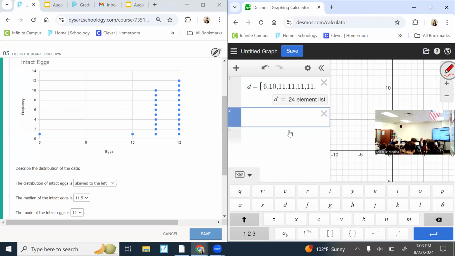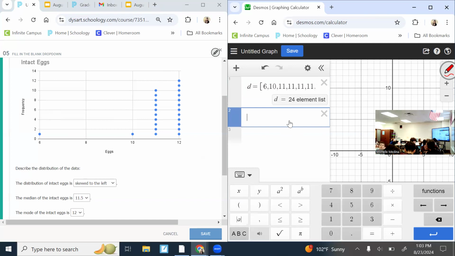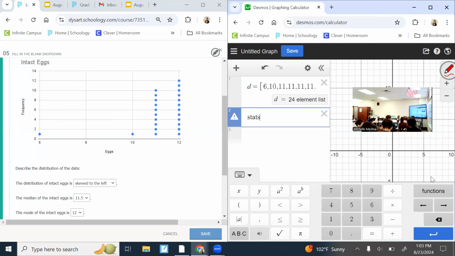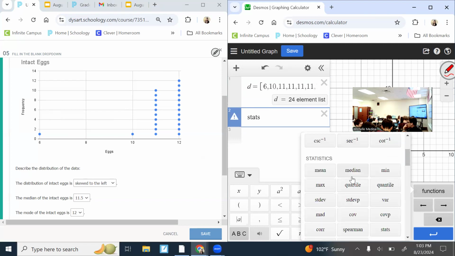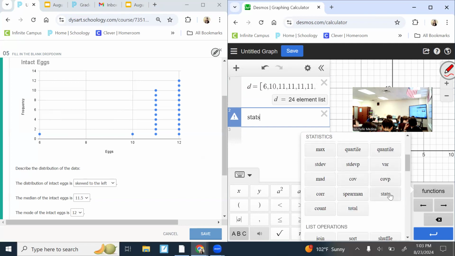And if I'm trying to find IQR, what did I tell you finds it or helps you find it a bit easier? Typing in stats. Where? Oh, it is right here.